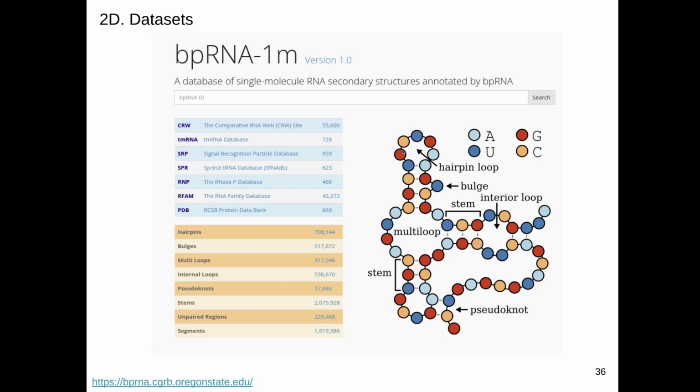Now, in terms of data sets for training and testing deep learning models, one of the most common is bpRNA-1m, which is basically a compilation of CRW, Rfam, and some minor databases. So the drawback of this dataset is actually the same as the drawback for using Rfam. Why is it used? It's for secondary structure, right?